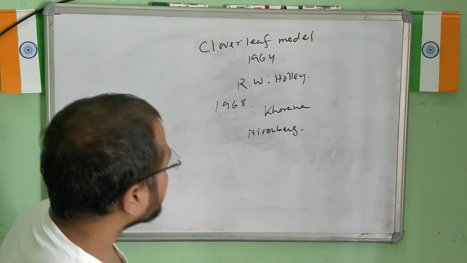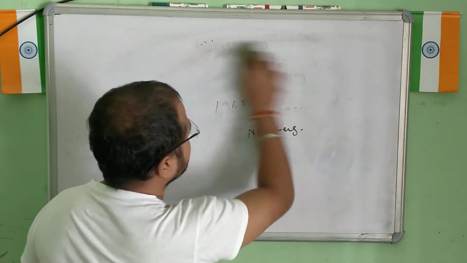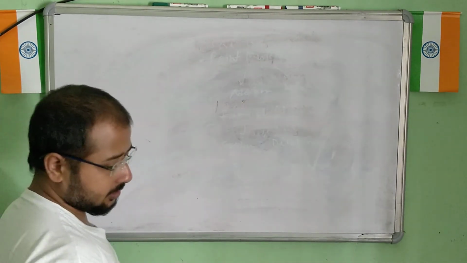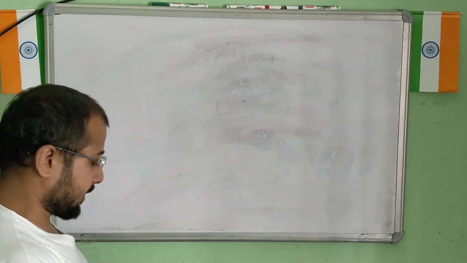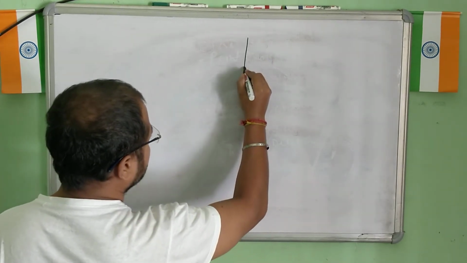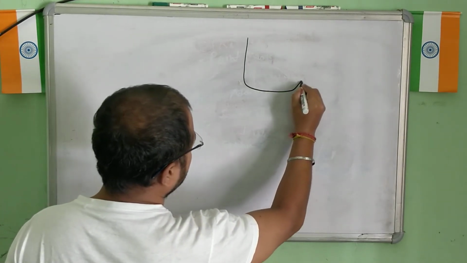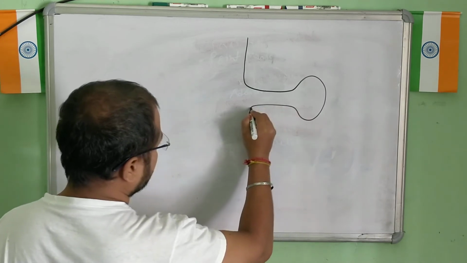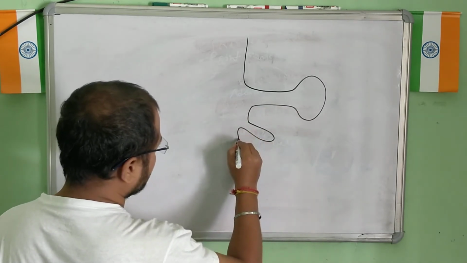So if I look into the 2D structure, the secondary structure of tRNA, it's a single strand. In graph form, I am just showing you.